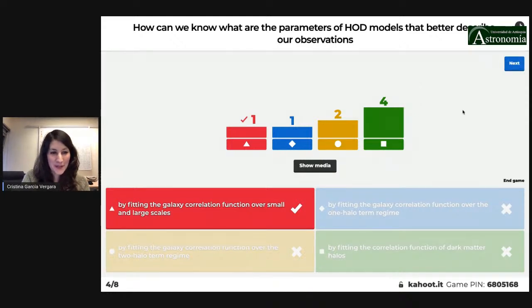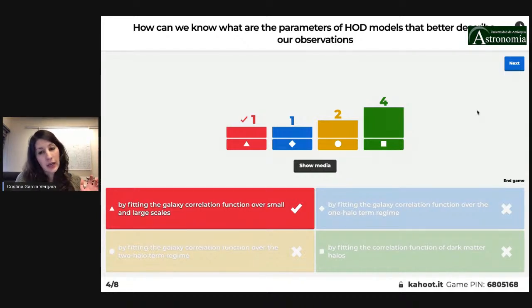Well, only one person put the right answer. HOD models actually include everything, include the cosmological models, and include all the distribution of galaxies within a halo, include some physics related with that. Then that should be reflected over all the scales in our correlation function measurements.